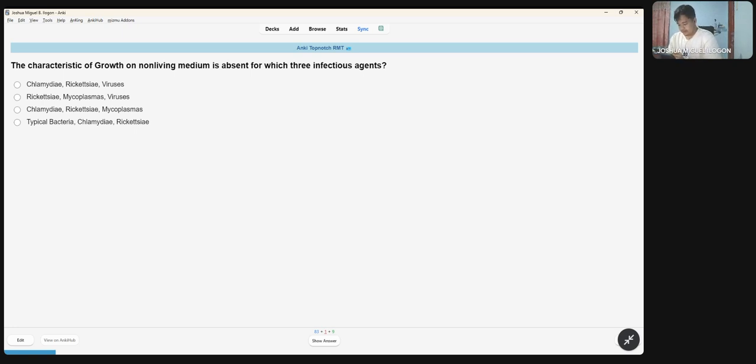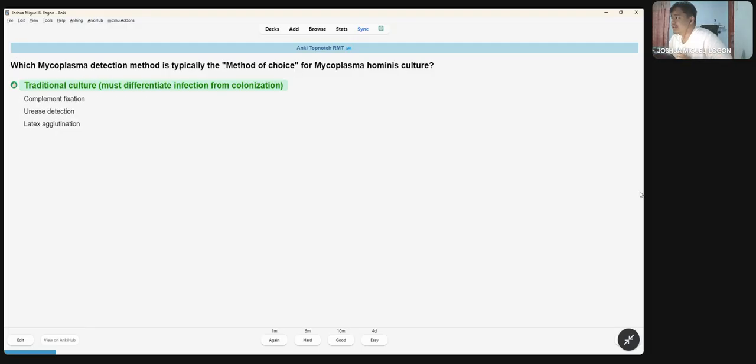Alright, found it. So it's your typical bacteria, your mycoplasma. And absent is chlamydia, rickettsiae, and your viruses. Copy that.